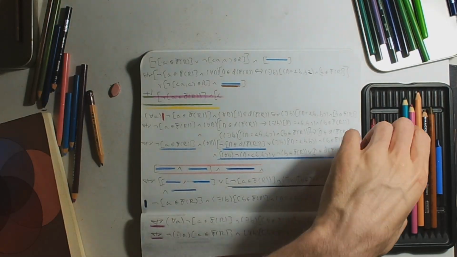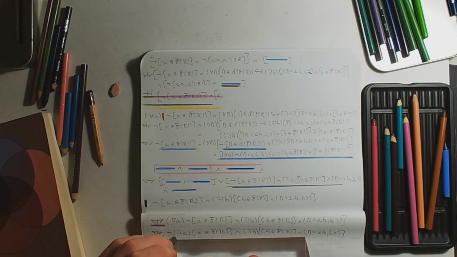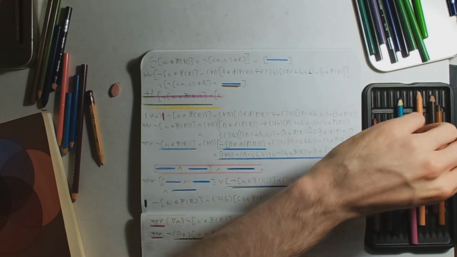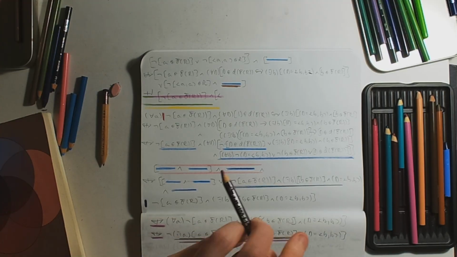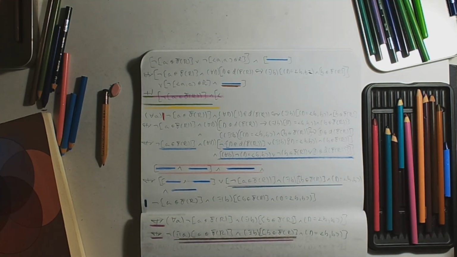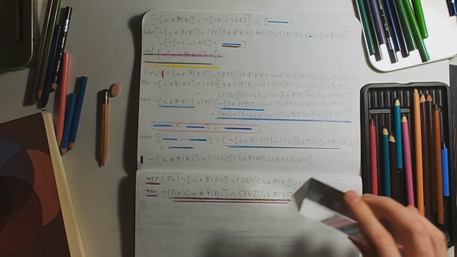So that claiming this is a contradiction would also be a system error. Okay, now I don't know what we can do with that.